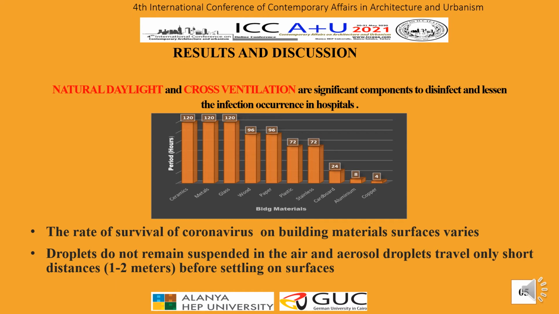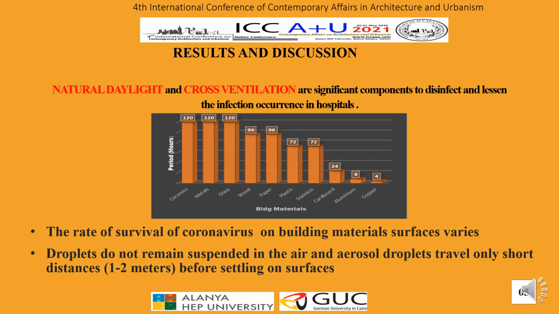Therefore, it is important to have this basic idea on how building materials respond to bacteria or microbacteria. The study also found that droplets do not remain suspended in the air, but travel only a short distance of about 1 meter before settling on surfaces.